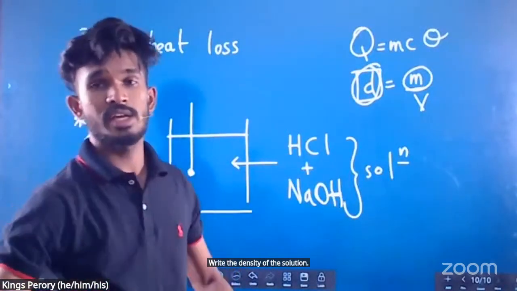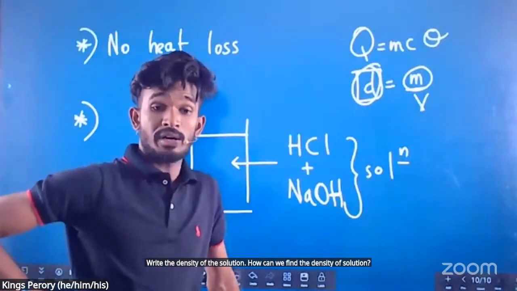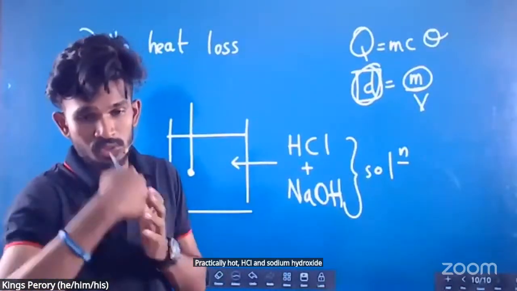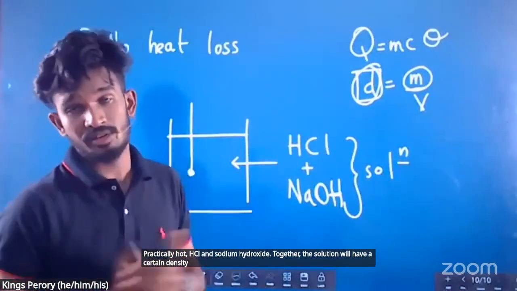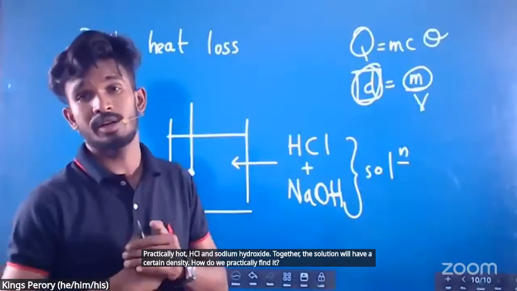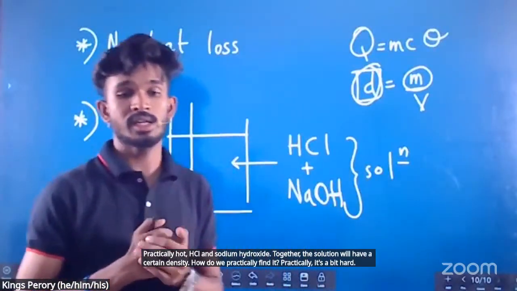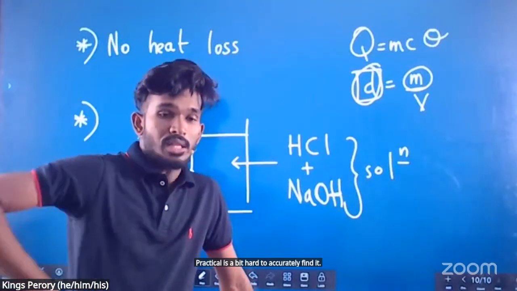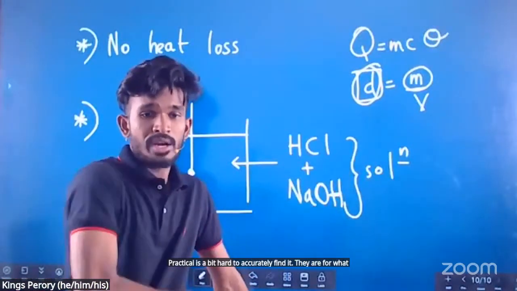How can we find the density of the solution? HCl and sodium hydroxide together, the solution will have a certain density. Practically it's a bit hard to accurately find it. Therefore, what we do, we write the density of water.